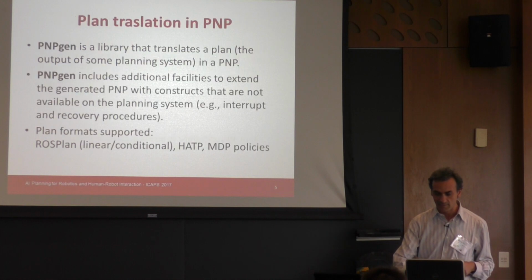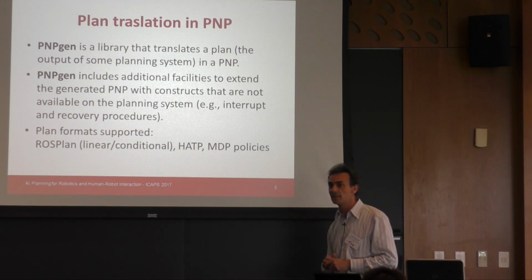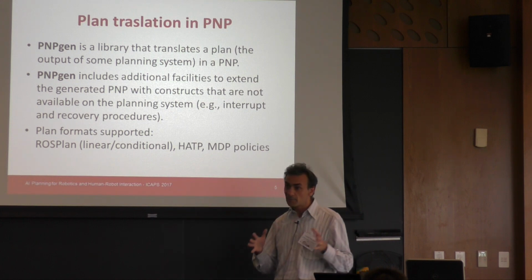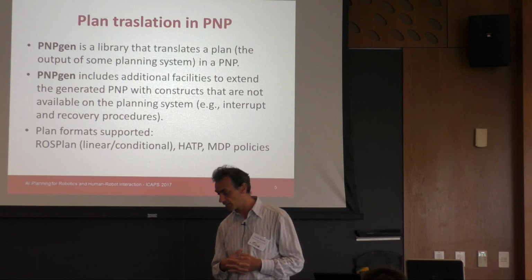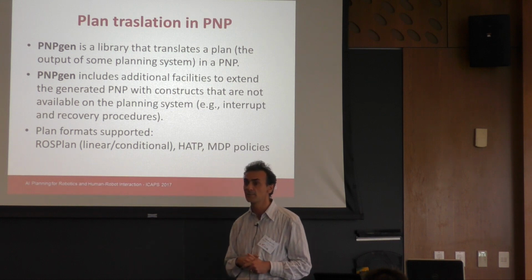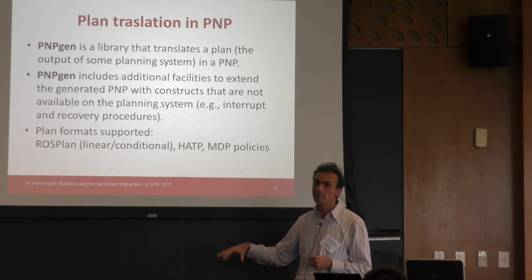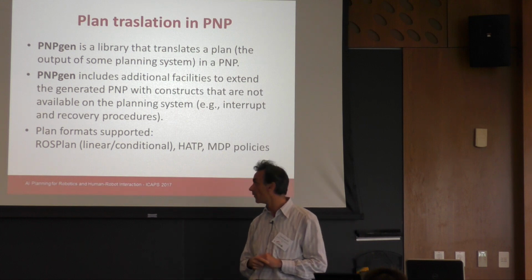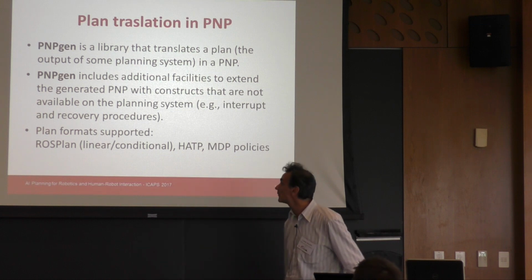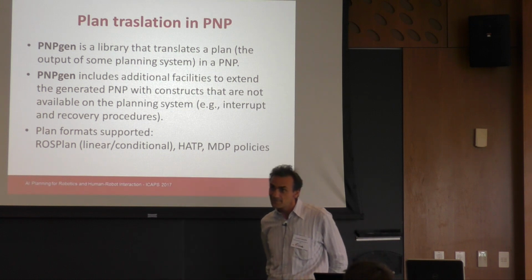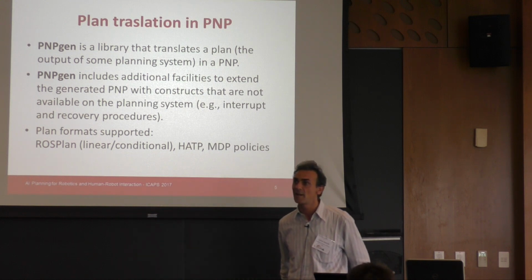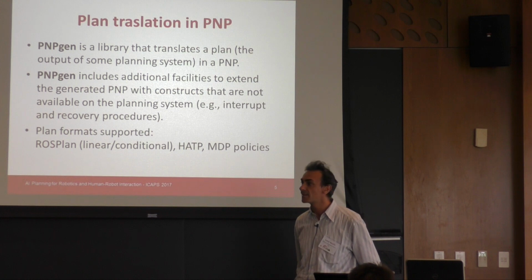And this is what we want to show in this part of the tutorial, and in particular to understand how the PNP engine is working together with a planning system, ROSPlan in this case, and with the ROS system that will be used to control the robot. And to do this combination, we need to translate some structures, in particular the plans that are the output of typical planners, into PNP.